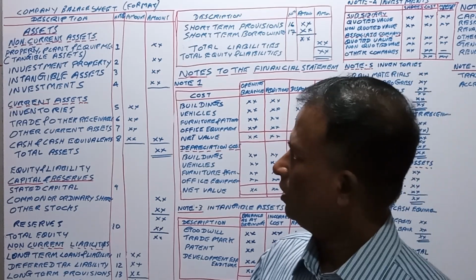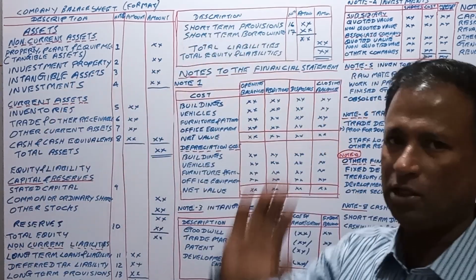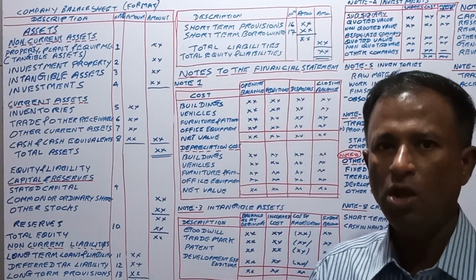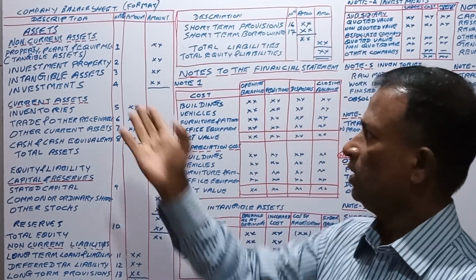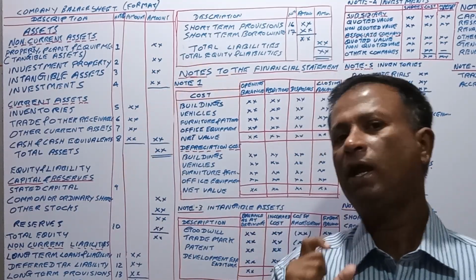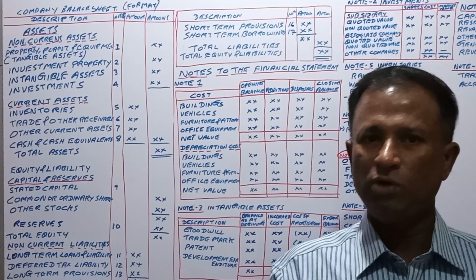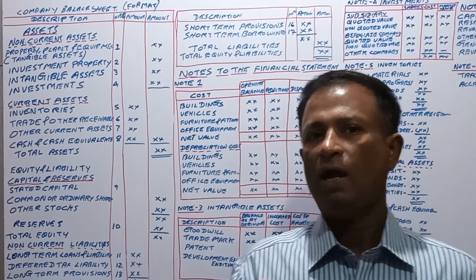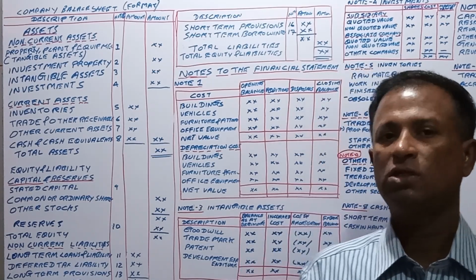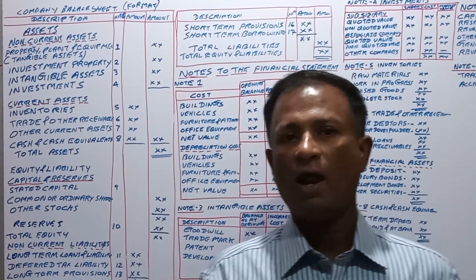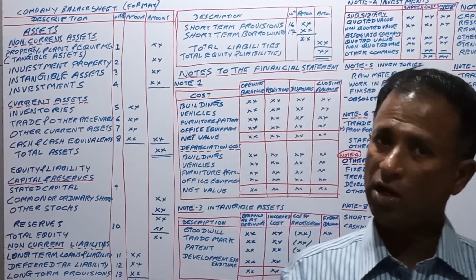For example, if you say property, plant and equipment, then we have a separate schedule or note saying property, plant and equipment. In that, you can find the accumulated provision for depreciation, the cost of the property, and the written down value also.